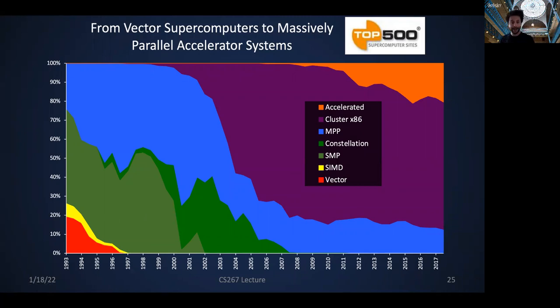They had quite a lot of other machines, including symmetric multiprocessors and vector machines even before that. So what does this really tell us?